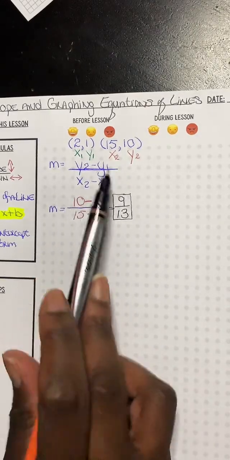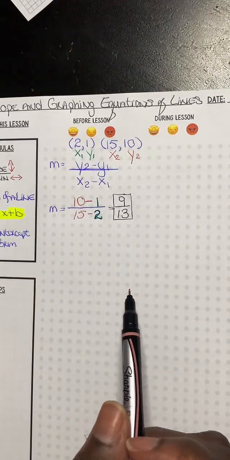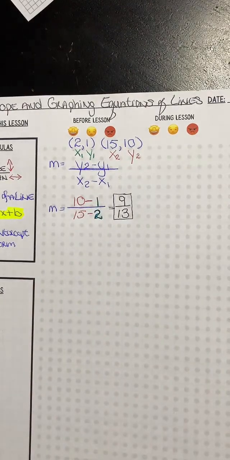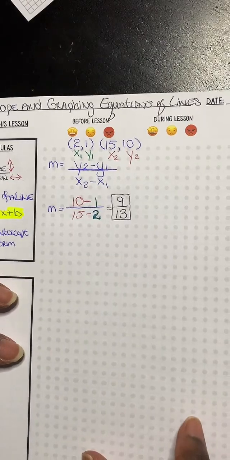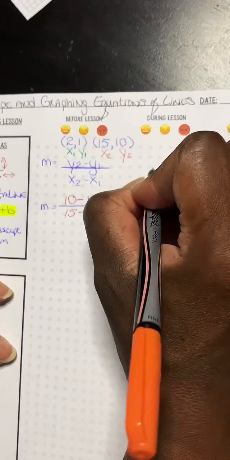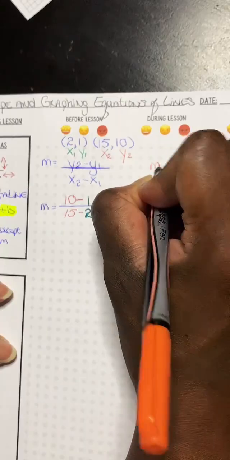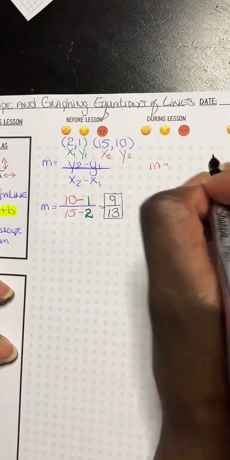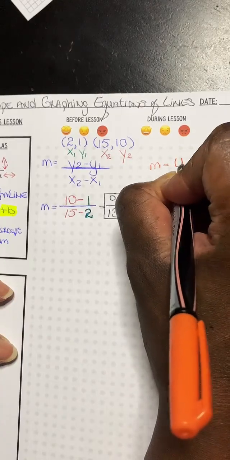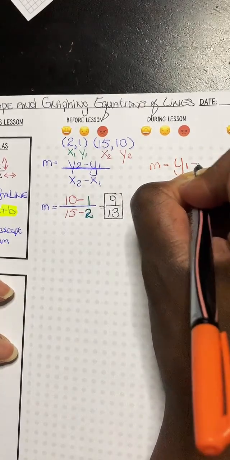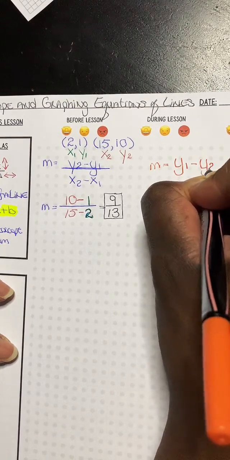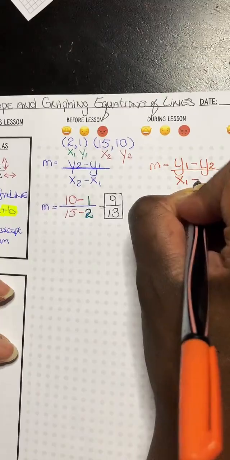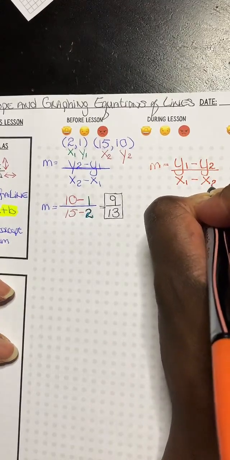And after a while, you get kind of mixed up with which one's the y sub 2 and the x sub 1, and then you get lost in the sauce. So what you could do is, since a lot of us read from left to right, why not do that in the same one? So we've got y sub 1 minus y sub 2 over x sub 1 minus x sub 2.